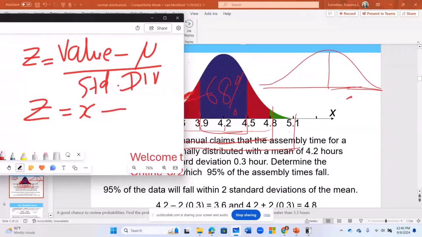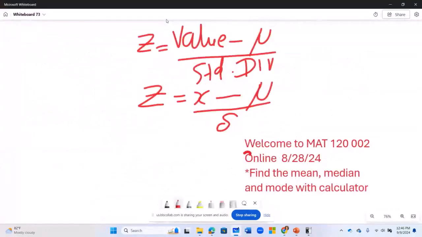And I want to assume that we are using a population. So I write the population mean, and since it's a population, the standard deviation will be sigma. Okay, let me make sure I write it so you know that a sample can be normally distributed. So suppose a sample is normally distributed. I'm going to change this date to 9/9/24.